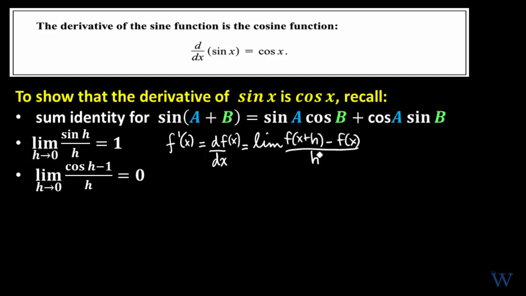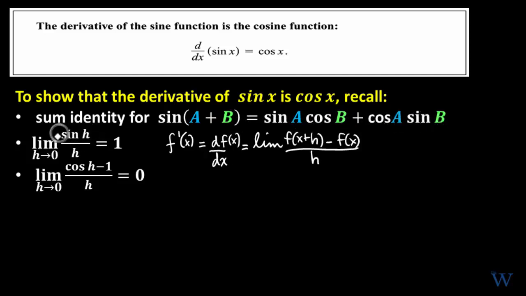And here is where, in order to show that the derivative of sine x with respect to x is cosine x, we're going to need these three bullets. The first one is the sum identity for sine of a plus b, and if you go back to your trigonometry, that's equal to sine a times cosine b plus cosine a times sine b.